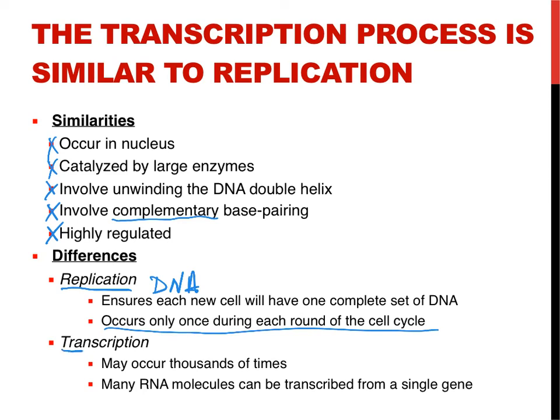Transcription, on the other hand, since we're only doing a small part of the DNA molecule, can occur thousands of times. The same gene can be transcribed thousands of times, and many RNA molecules can be transcribed from a single gene, because there are times when you're going to need a whole bunch of proteins at once. So if you can make more messenger RNA molecules that will code for that protein, you're going to get a lot more proteins made when you need them.